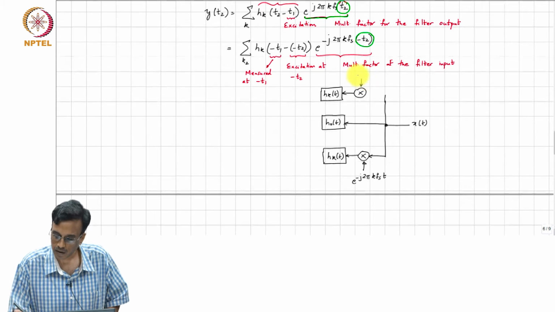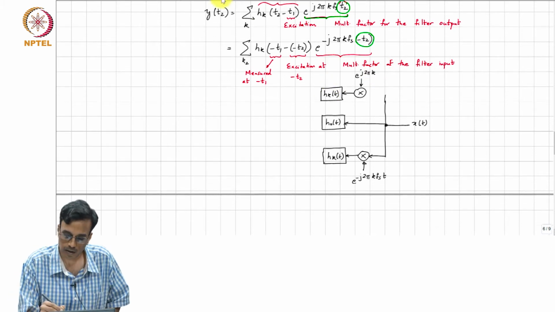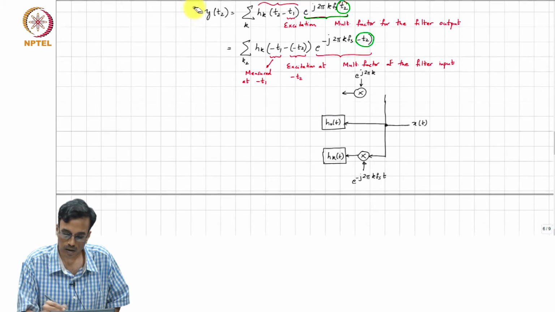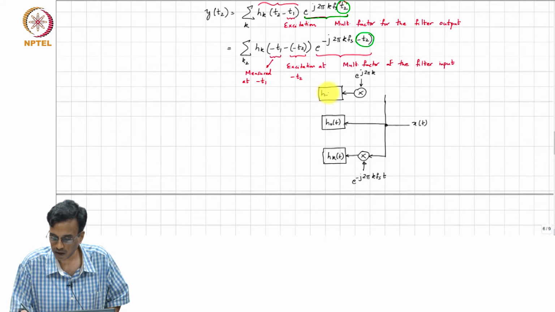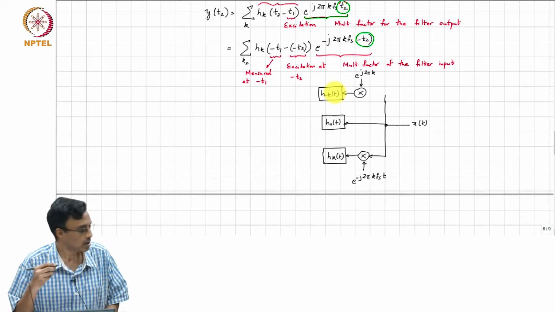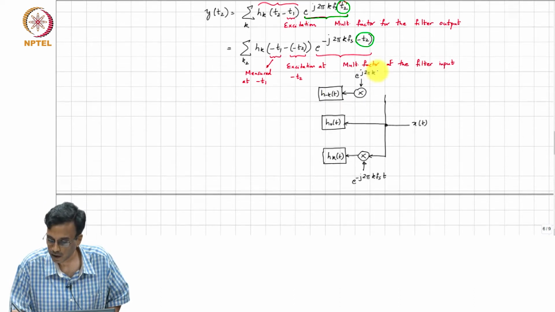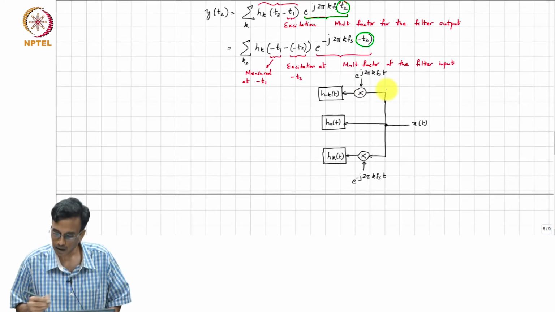This one is h sub minus k, sorry, h minus k of t with e to the plus j 2 pi k fs times t, correct.